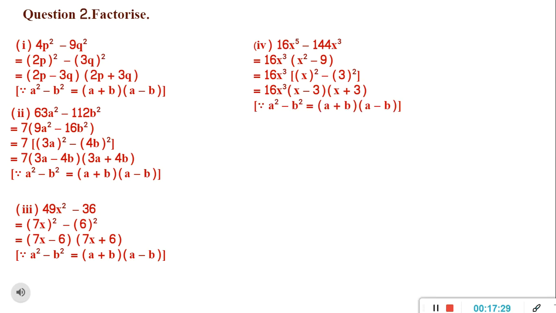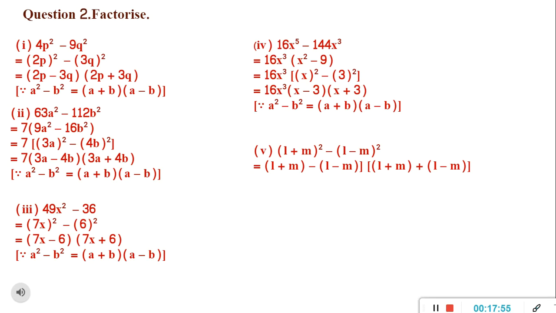Clear? Now fifth one, L plus m whole square minus L minus m whole square. Here L plus m is A and L minus m is B. Clear? So we can write L plus m minus L minus m into L plus m plus L minus m. A square minus b square means a minus b into a plus b.